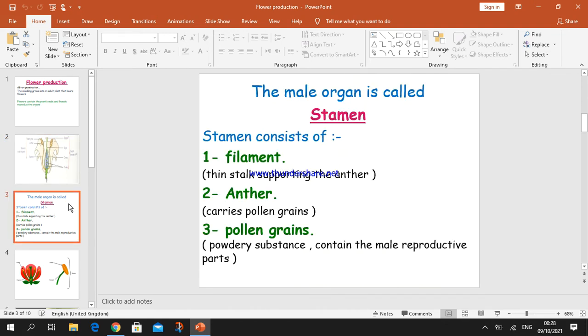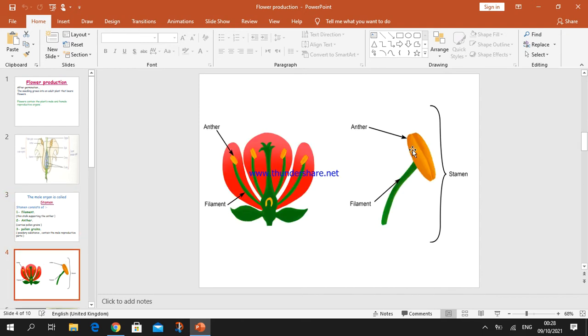So the male organ, which we call the stamen, consists of filament, anther, and pollen grains. Look at this anther, this is the filament, and inside the anther there is powder known as pollen grains.